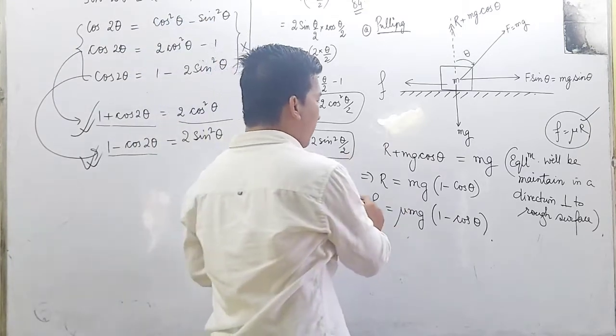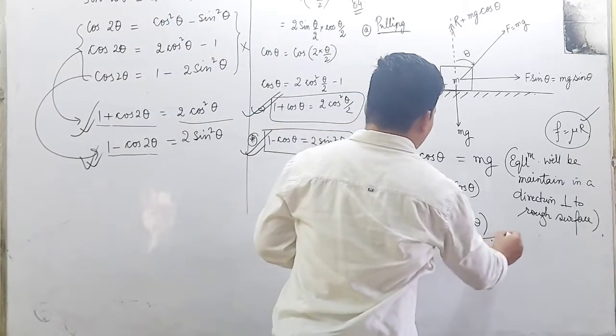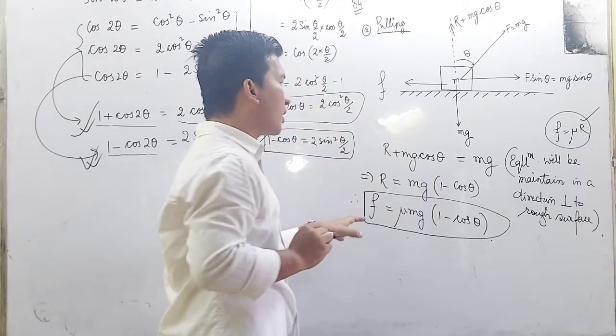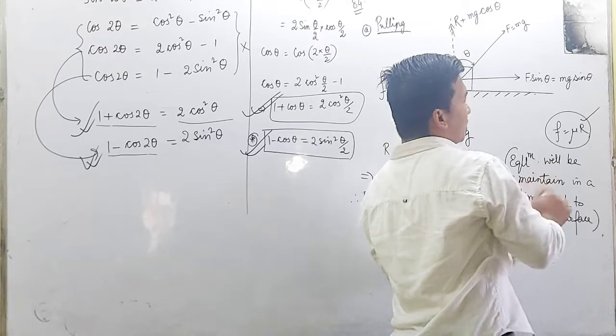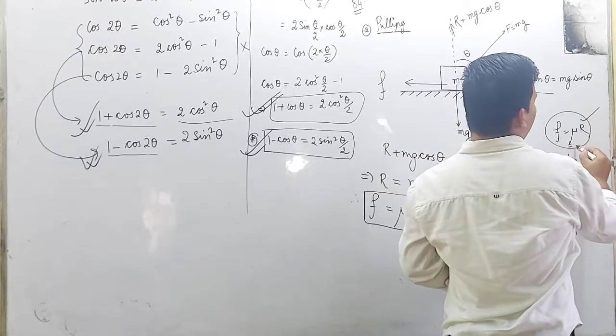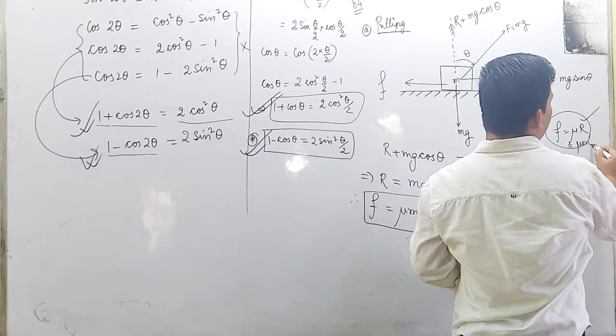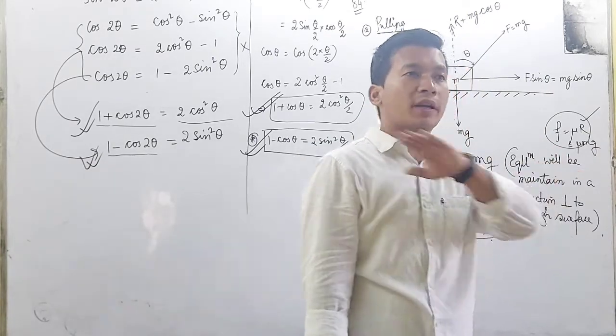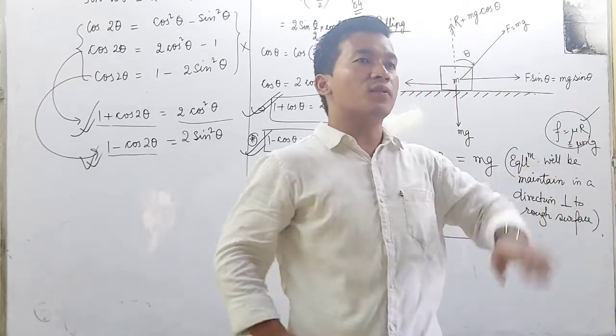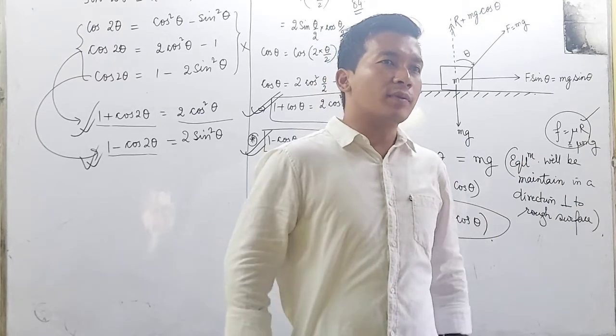The conclusion: you can copy this. Under normal condition, when the force applied is horizontal, your frictional force will be f is equal to mu mg.